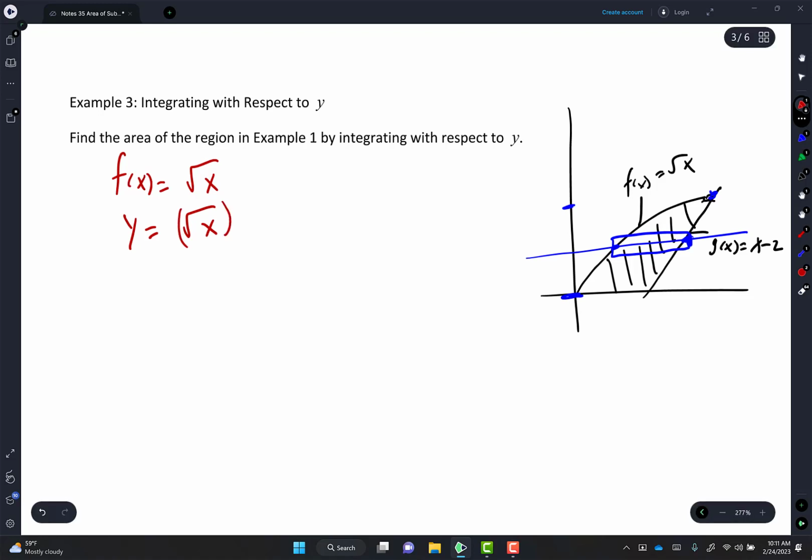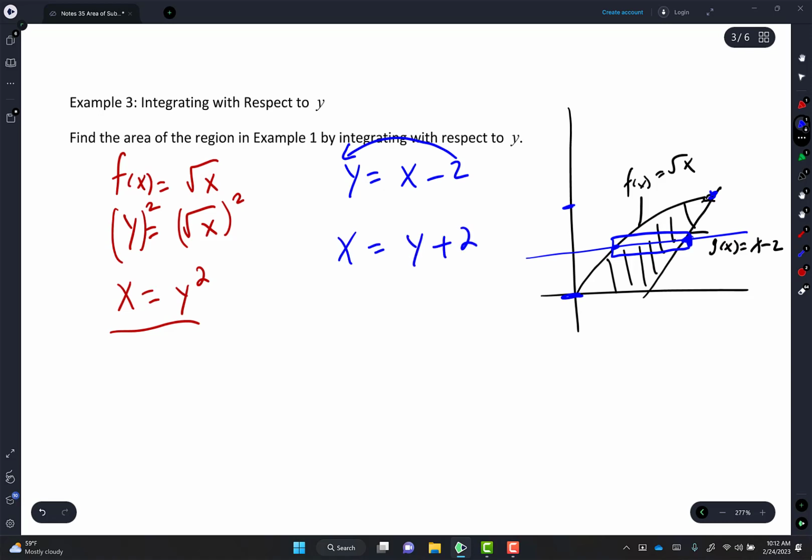So I need to square this side, square this side. x equals y squared. Am I okay? Okay, underline that one. Now I'm going to do the other one. What color do you want me to use? Blue? Okay. y equals, we said that was x minus 2. All you've got to do is move the 2 to the other side. So here we go. I'm going to write it in terms of x. x equals y plus 2. Are we okay? Oh, because I'm going to integrate with respect to y, not x.